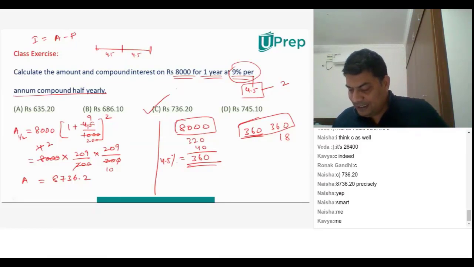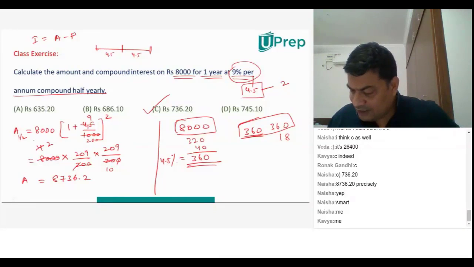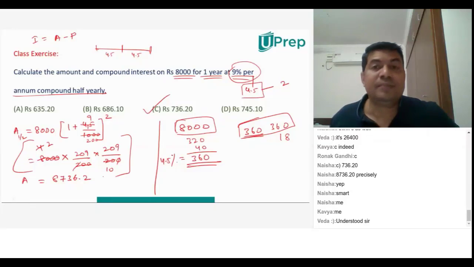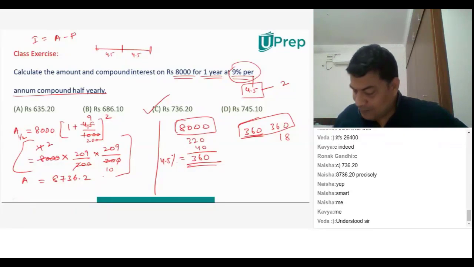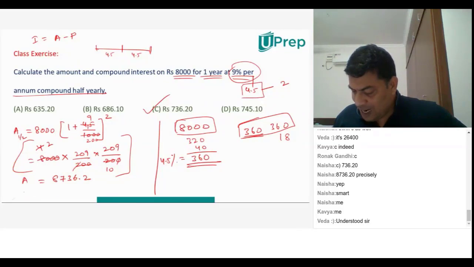What I'm saying is, because I am not comfortable multiplying 209 into 209 into 2, doing all this takes me a lot of time. In a real exam situation, wherever you have options, you can be a little smart. Now, how can you be smart?